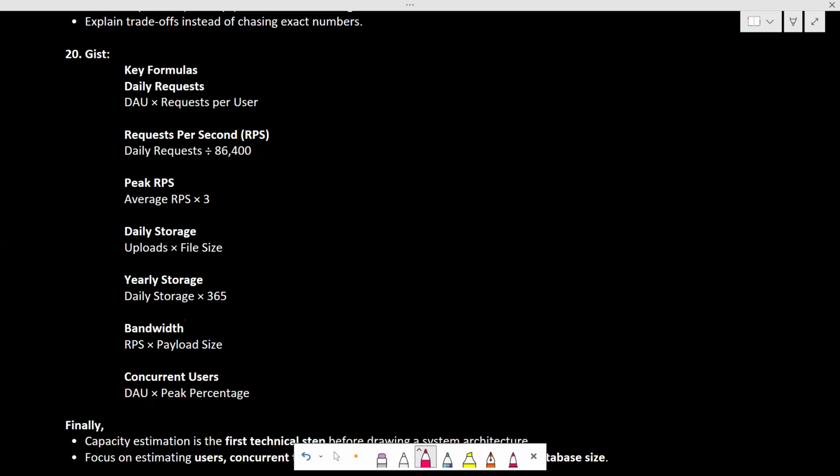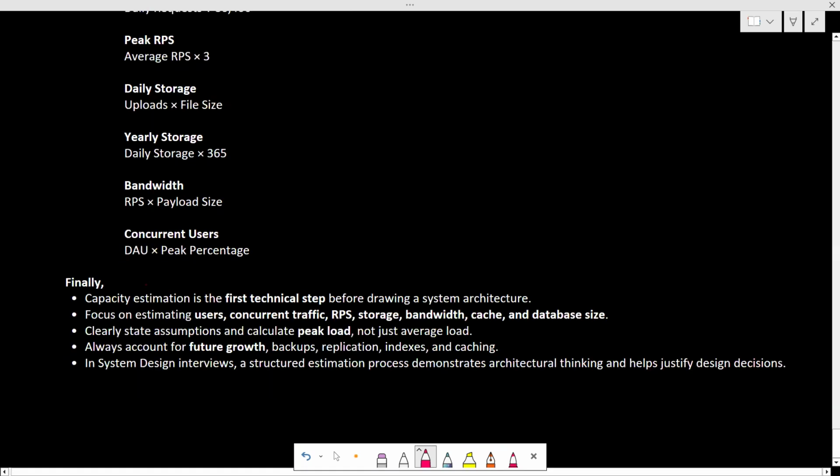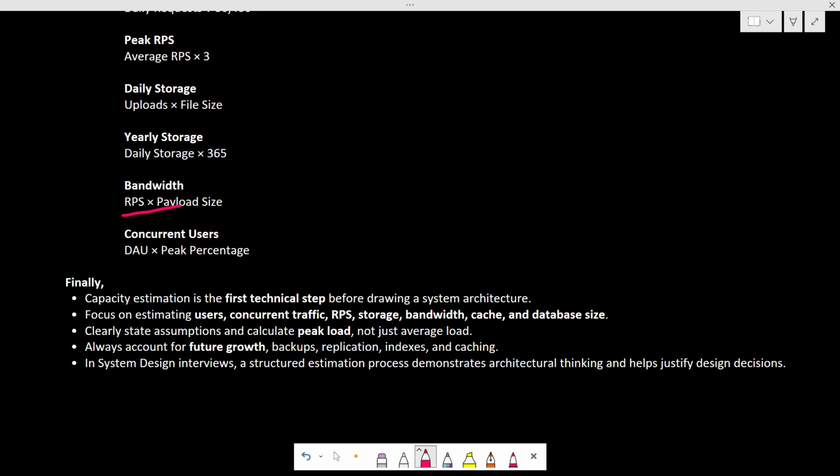Daily storage is uploads multiplied by file size. Yearly storage is daily storage multiplied by 365. Bandwidth is requests per second multiplied by payload size. Concurrent users is daily active users multiplied by peak percentage. These formulas are frequently used in system design interviews.